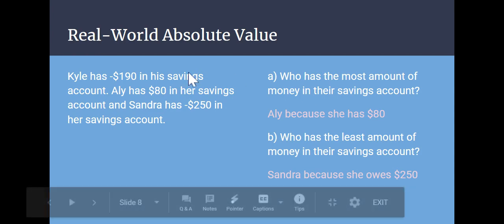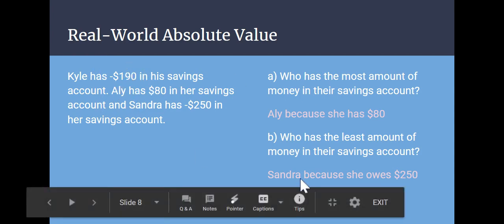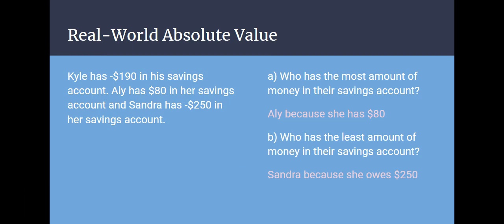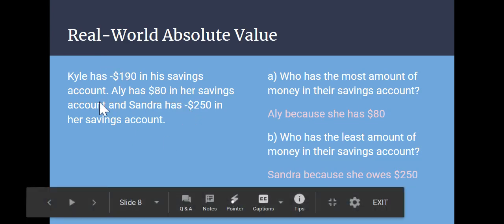The rest of them have a negative amount of money. And then who has the least amount of money? Sandra, because she owes $250. If they have a negative amount of money, that means that's how much they owe. So Sandra has the least amount, even though it's the highest number, but it's because she owes that much money.